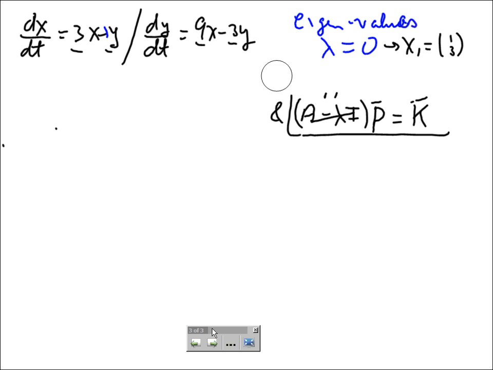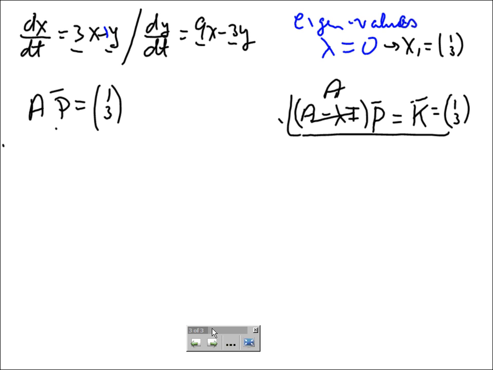So we want to solve this here. But now we know that K was 1, 3. So we want to do A P equals 1, 3. A times vector P is equal to the vector 1, 3. But A is 3, negative 1, 9, negative 3, and it equals K, 1, 3.